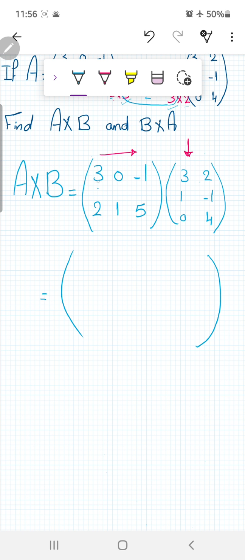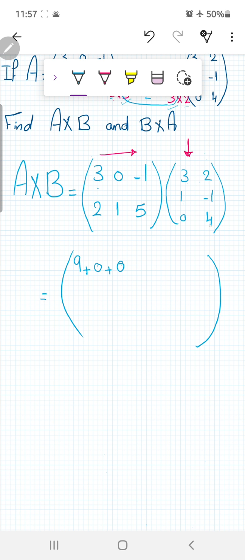But be careful. Here we have the first element times first, second times second, third times third, and between them addition. How? Here 3 times 3, 9, plus 0 times 1, 0, plus negative 1 times 0, 0. Okay, we finished the first column.